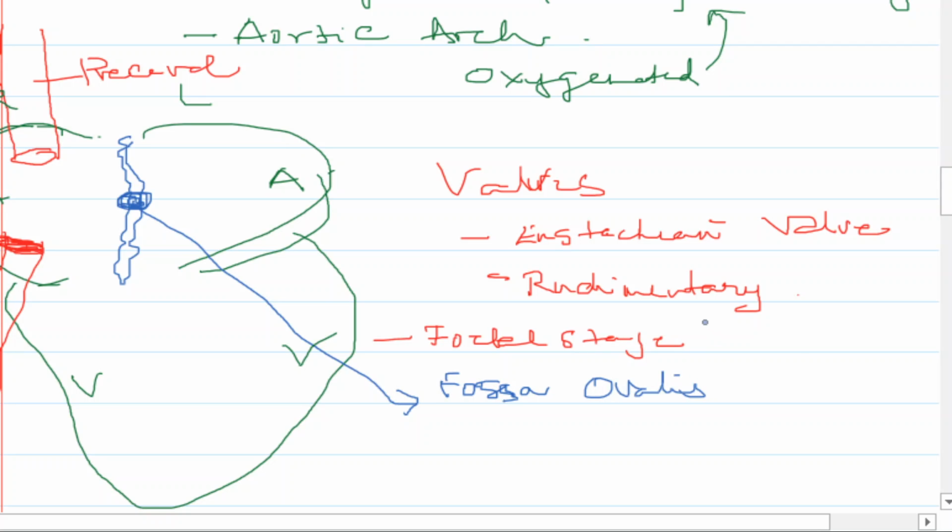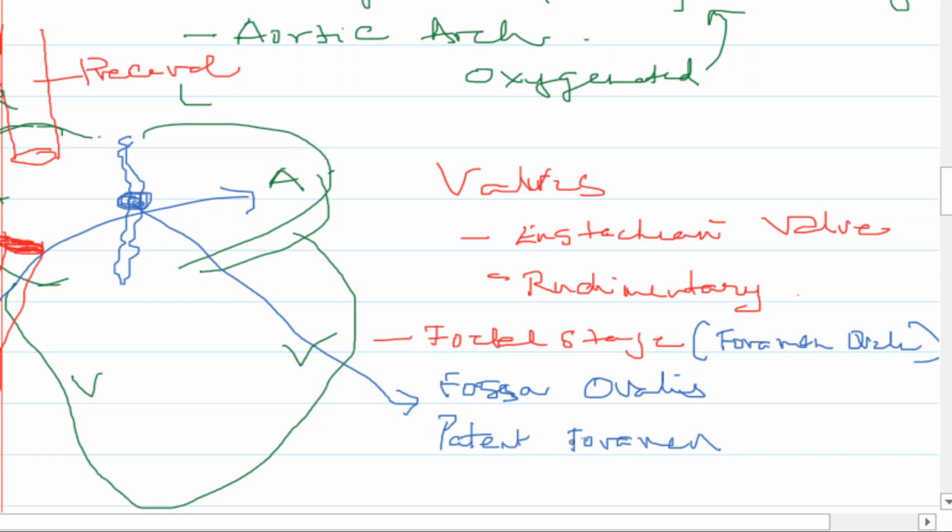And in the fetal stage, it is called foramen ovale. Now this one would direct blood into the left auricle in the fetal stages, not in the adult heart. It closes in us, but if it doesn't close, then it is called a patent foramen ovale. Okay.